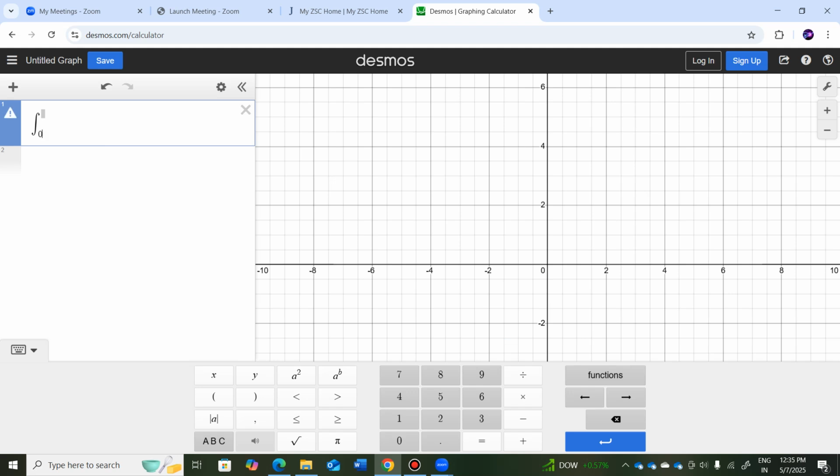It goes from 0 to 2, pi, y, square root of 1 plus 9y to the 4th, dy, gotta be outside of that. And it gives you your value, 77.32.